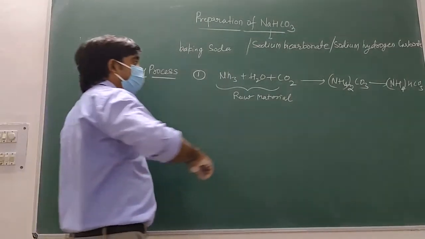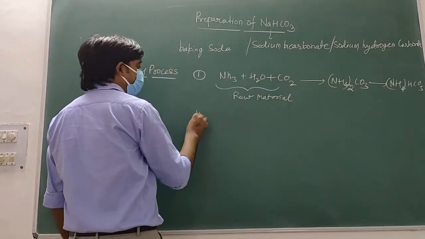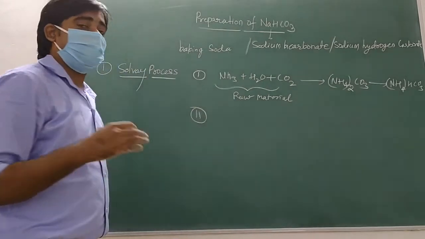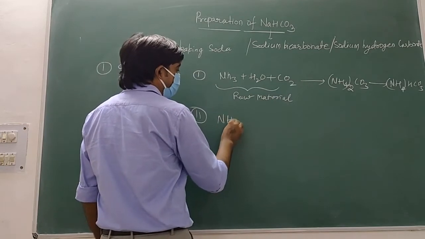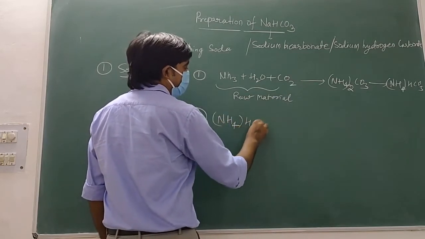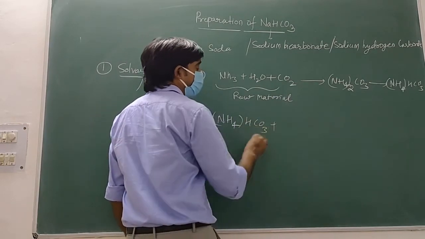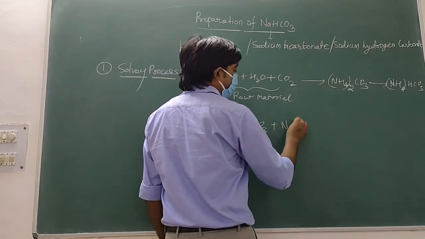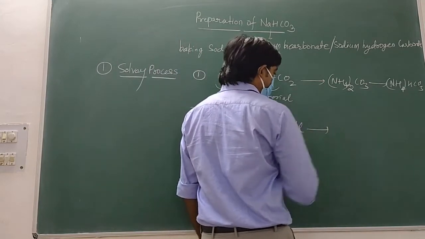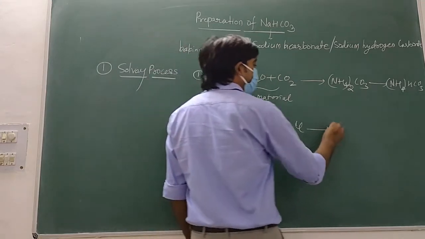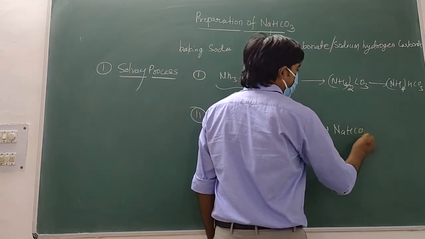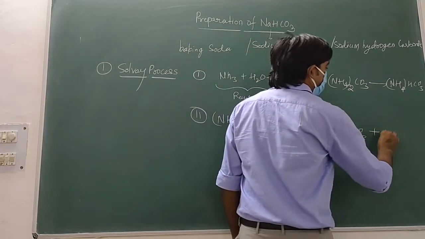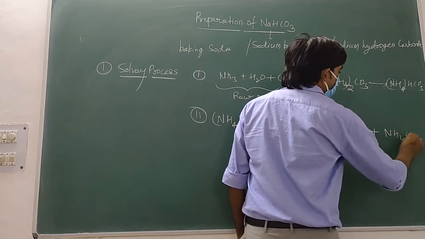Then in the second step, this NH4HCO3 reacts with a saturated solution of NaCl and forms NaHCO3 and ammonium chloride, NH4Cl.